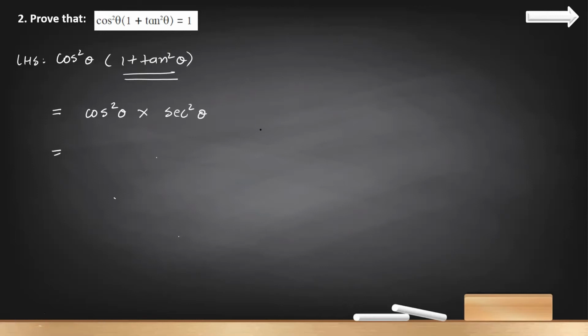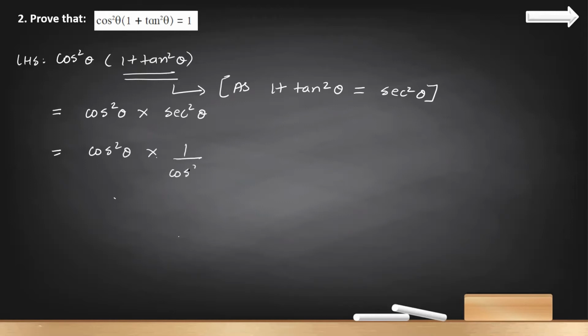Here you can write down as 1 plus tan square theta equal to sec square theta. So that's why we substituted it. And we know sec and cos are reciprocals of each other. So I can write sec as 1 upon cos square.